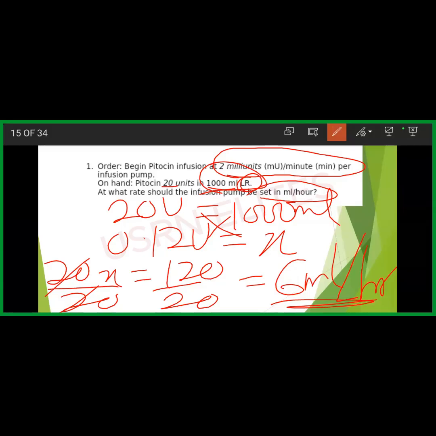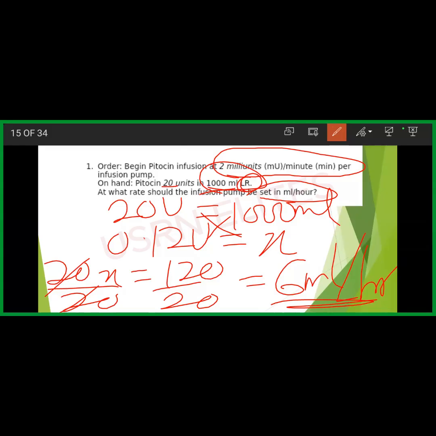The available drug is 20 international units in 1,000 mils of Ringer's lactate. I hope you understand that. I thought we are giving that in an hour. No, what you have is that for every 1,000 mils of lactated Ringer's, you have 20 units of the pitocin, for example.